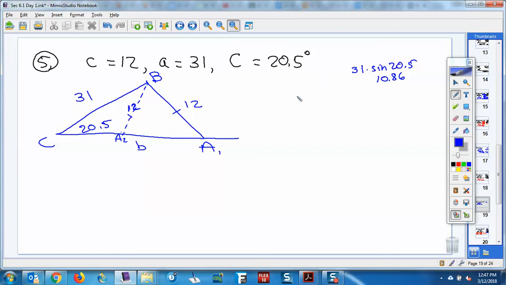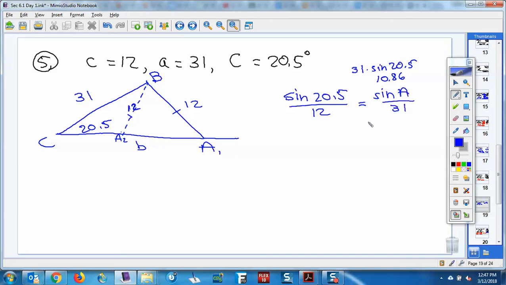So what are we going to set up first? Sine 20.5 over 12 equals, and that'd be for either one of these, the 12 is across from the 20.5, equals sine of A over 31.